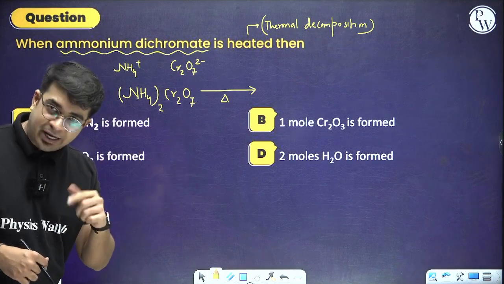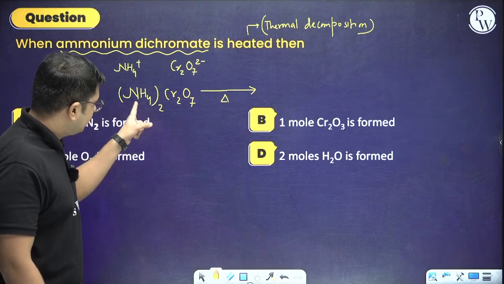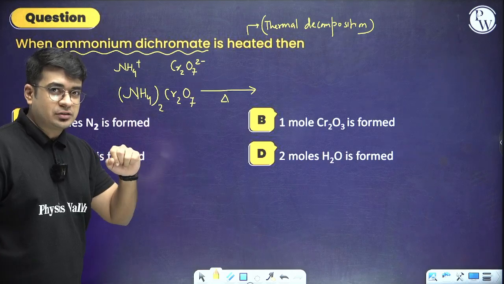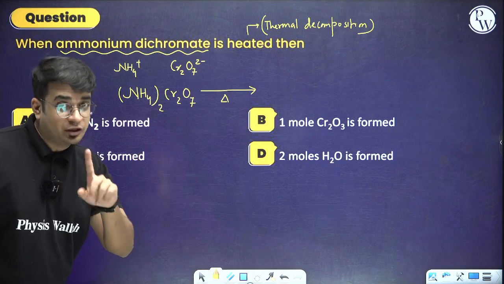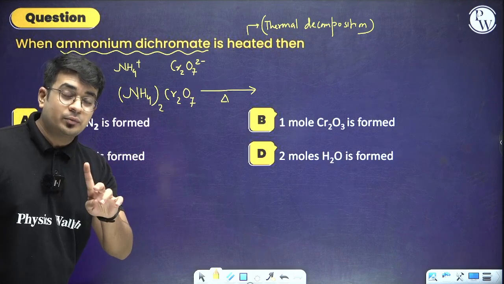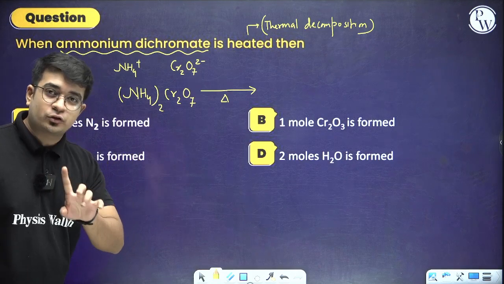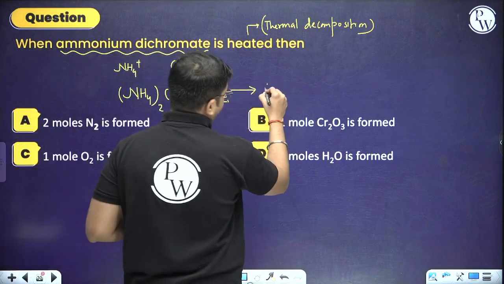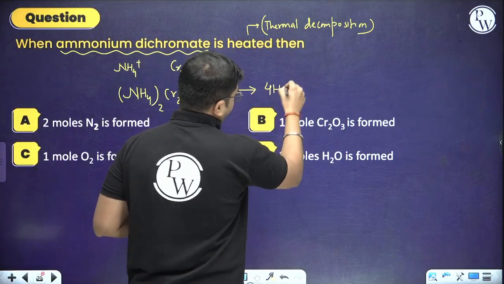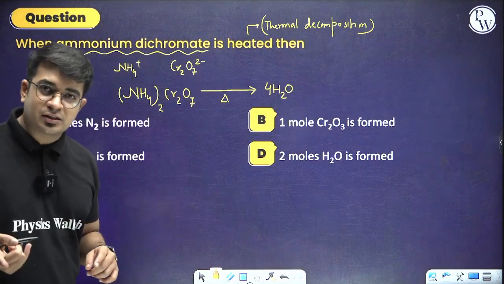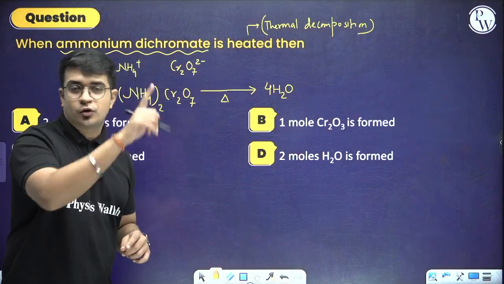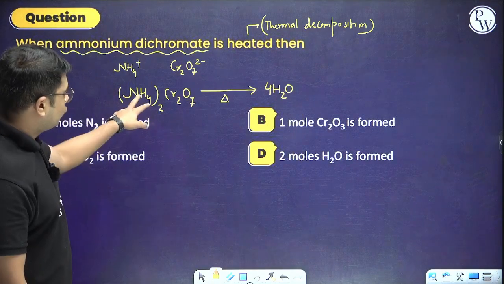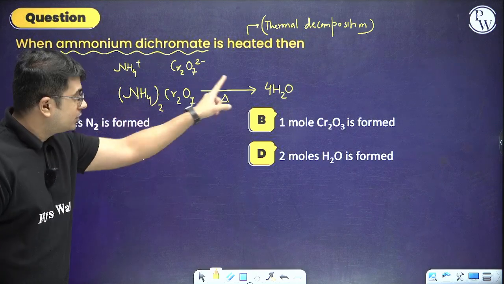If I talk about H2O, there are 8 hydrogens, so you can remove 4 water molecules. So in thermal decomposition, if you have hydrogen and oxygen, try to remove the first number of H2O possible.